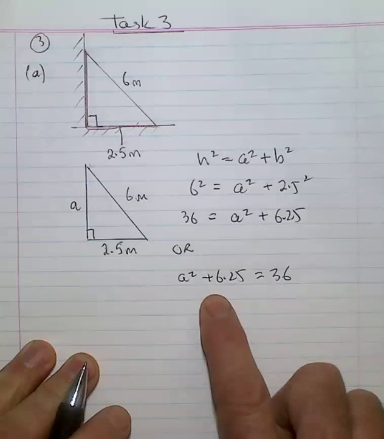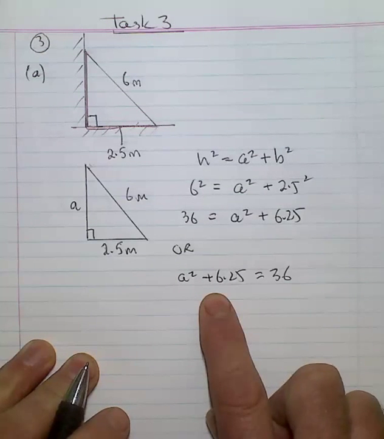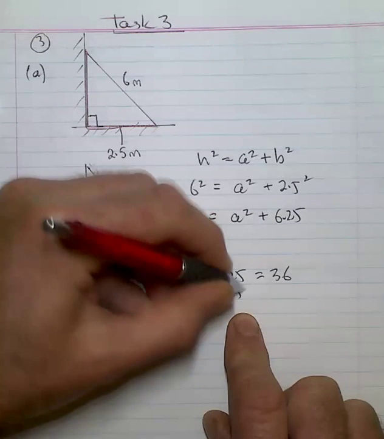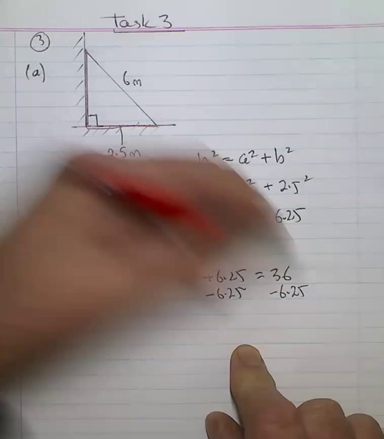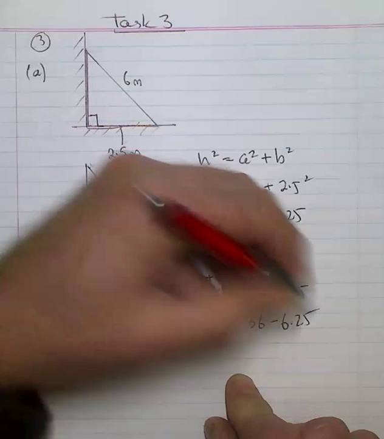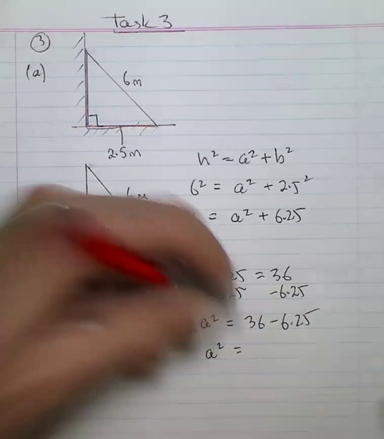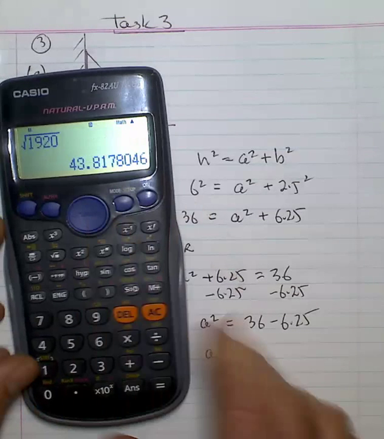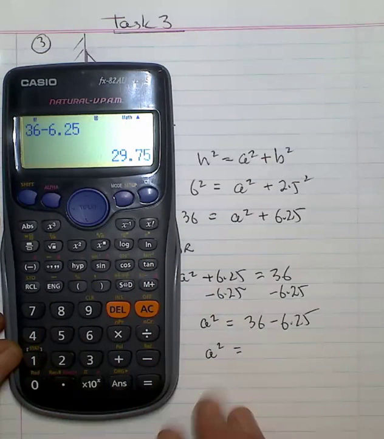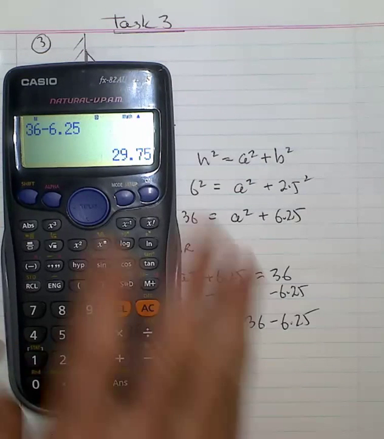Now, what I've got to do now, I've got to get rid of that 6.25. To do that, I'm going to subtract that from both sides. I'll need my calculator in order to do that. And that's 29.75.